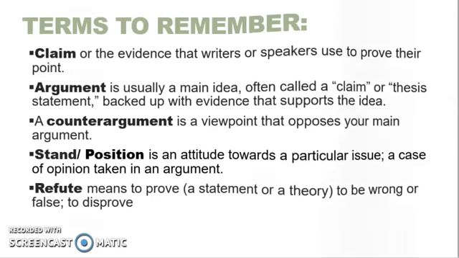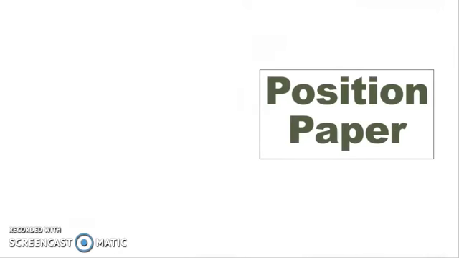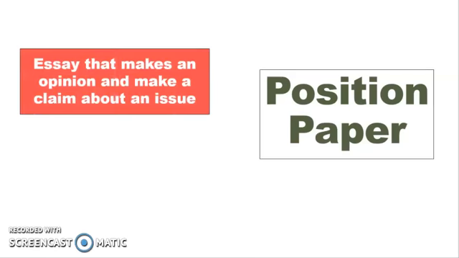Now, when we say position paper, it is an essay that makes an opinion and makes a claim about an issue. Since you make a claim about an issue, your goal in writing a position paper is to convince your audience that your opinion is valid and defensible.